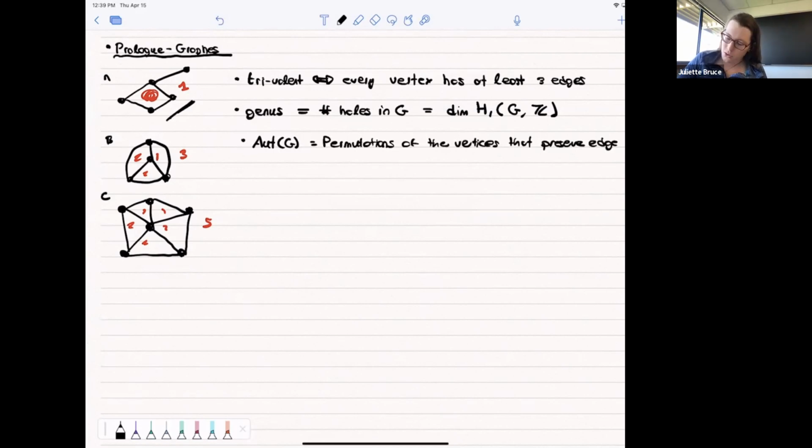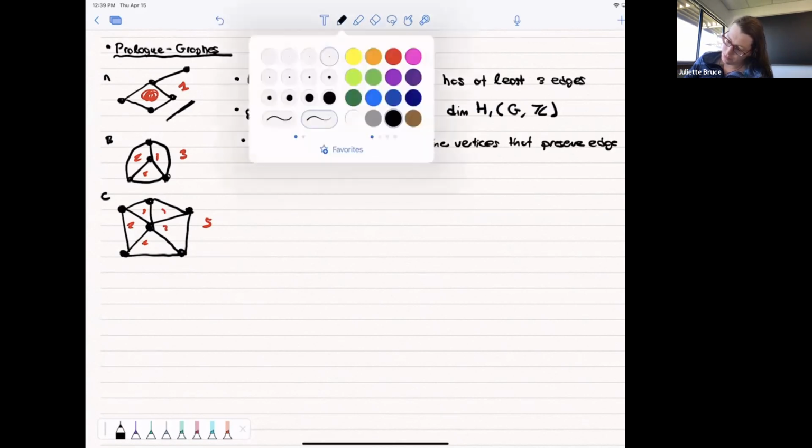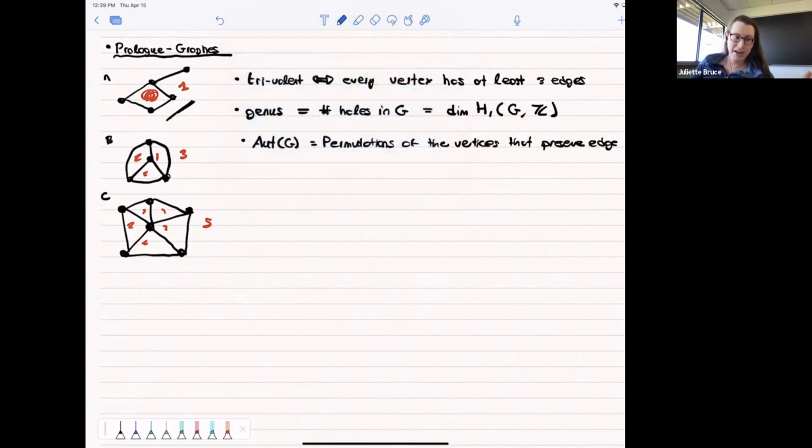As an example, if I look at this graph down here, the pentagon graph, the wheel graph, what type of automorphisms can I have? Well, essentially, I can move the pentagon any way I want, but I can't move that central vertex because the central vertex has too many edges going in.